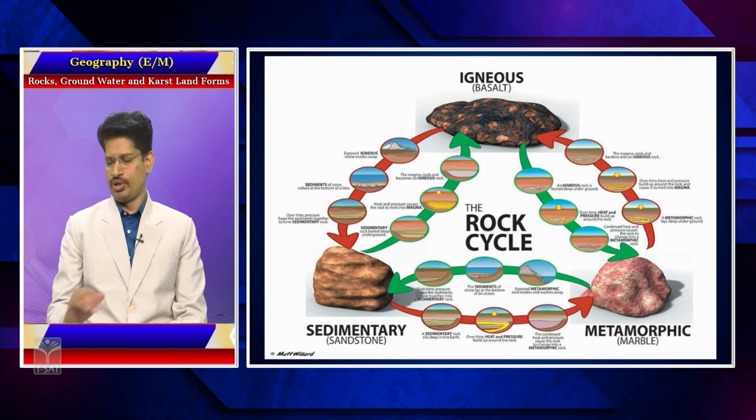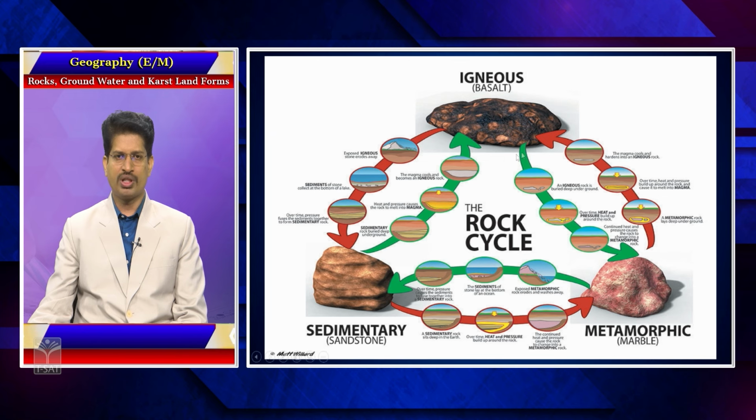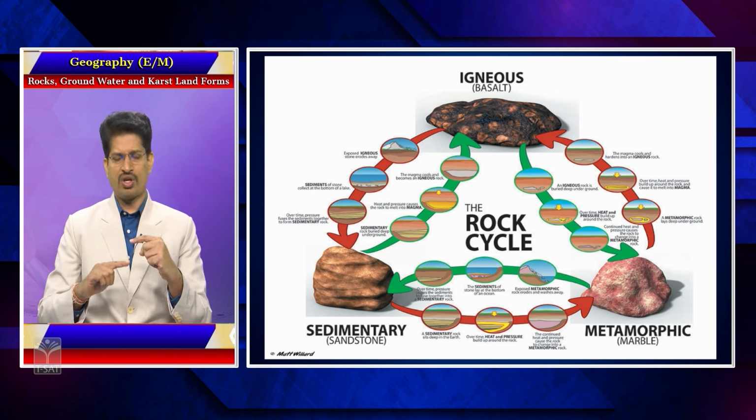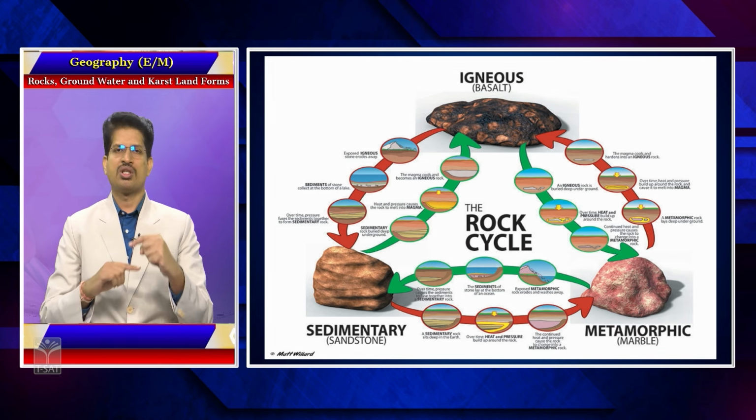For example, when an igneous rock is subjected to weathering and erosion, it is subjected to sedimentation, and because of sedimentation, cementation and pressure, it leads to the formation of sedimentary rock. When the sedimentary rock is melted because of magmatic activity, it can be converted into igneous rock. So there is the possibility of conversion of one rock into another.